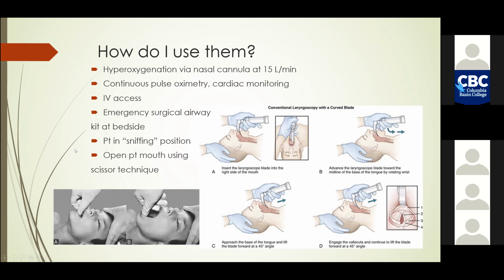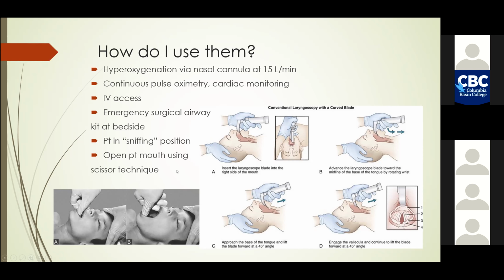Then we'll place the patient in what's called the sniffing position. It's easiest if the occiput is on a pillow or something like that, to arch their neck back to get a good view. The person performing it will be at the head of the bed, so as you can see in this picture, it looks like an upside down view.